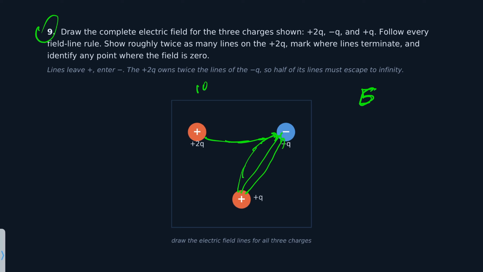Similarly, the protons repel and the electrons attract, so the arrows are going to go like that. And then these are just going to go that way.